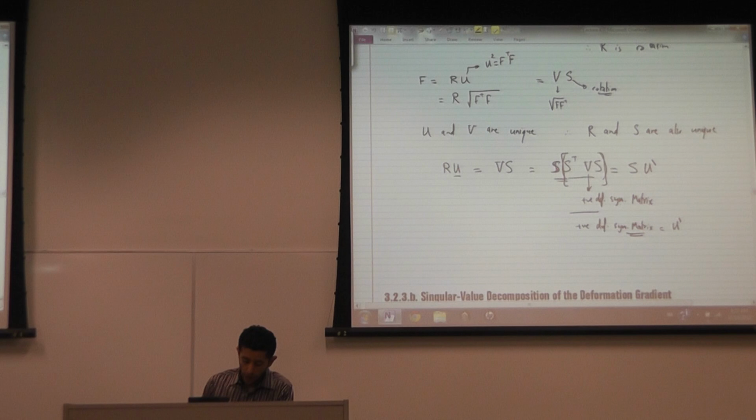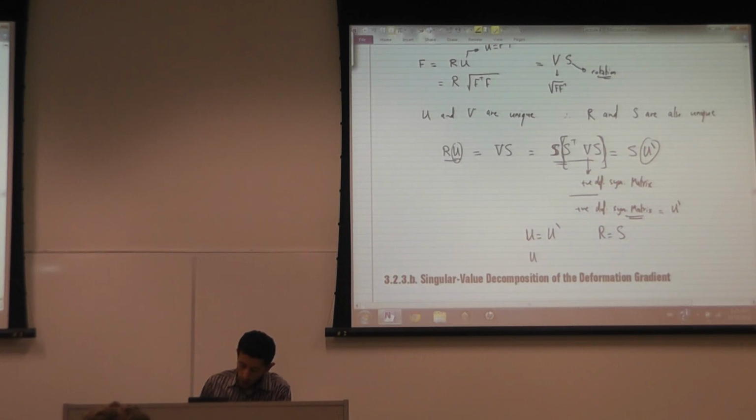But we said that this decomposition is unique. Since this decomposition is unique, U is equal to U prime and R is equal to S. Which means that U is equal to R transpose V R.